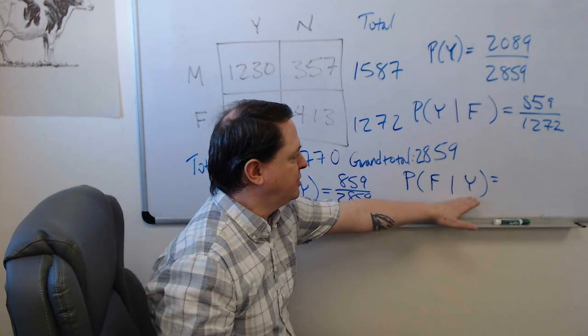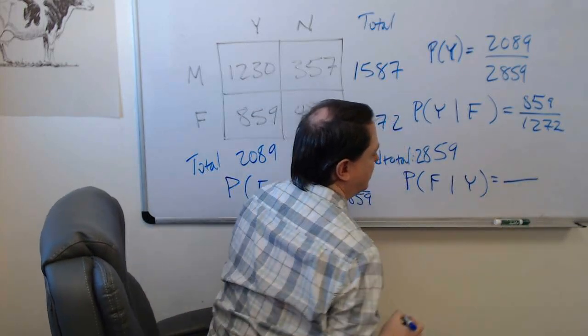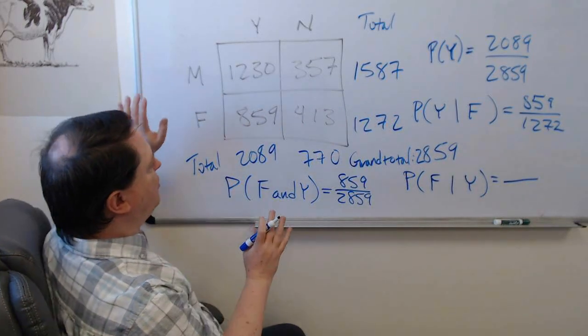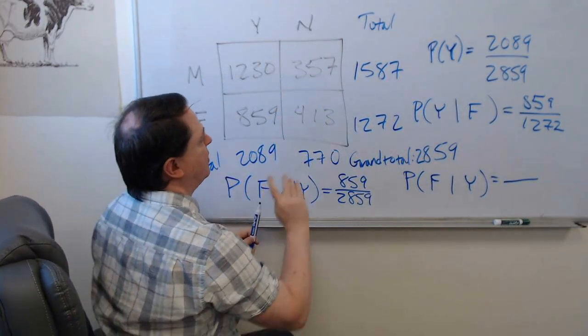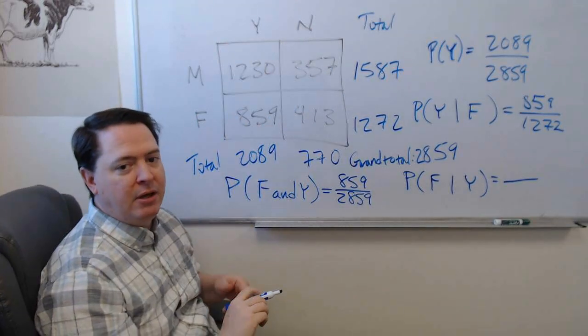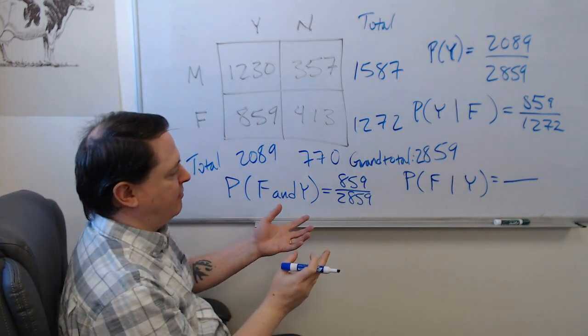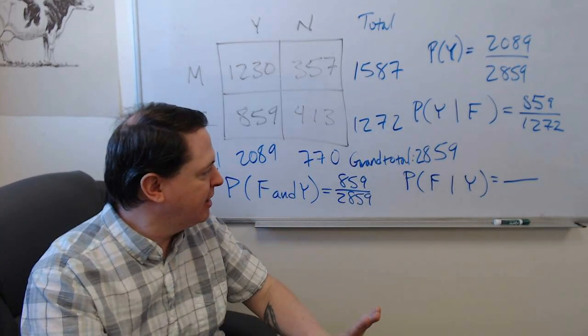All right. So just as I had thought about this before, I want to think about the condition first, because that'll set the bottom of my fraction. I only want to look at the people then that said yes, right? If someone believed in an afterlife, well, that means these people are irrelevant. I'm only looking at the people that believe in an afterlife, right? When I say if someone believes in an afterlife, that means I'm assuming that's got to be true.